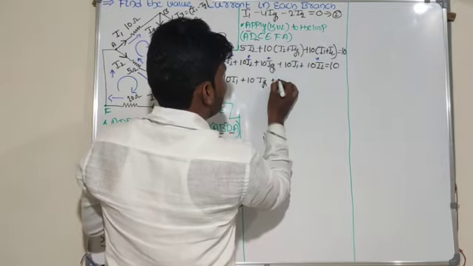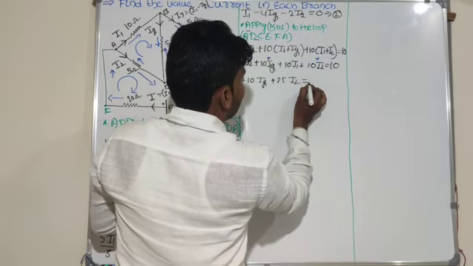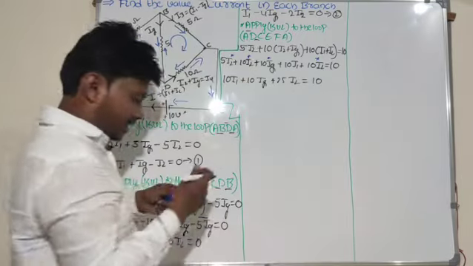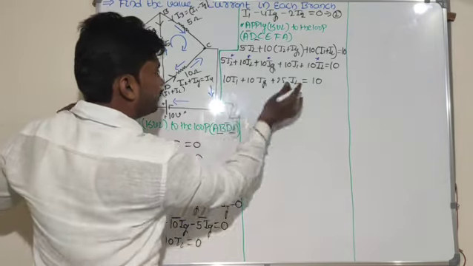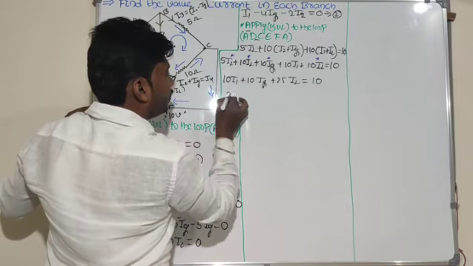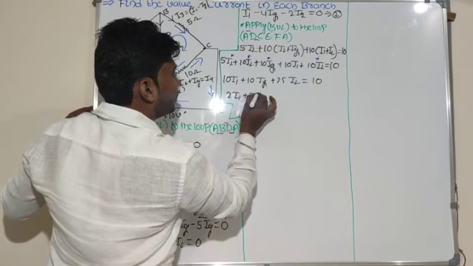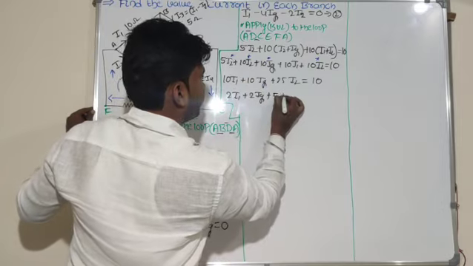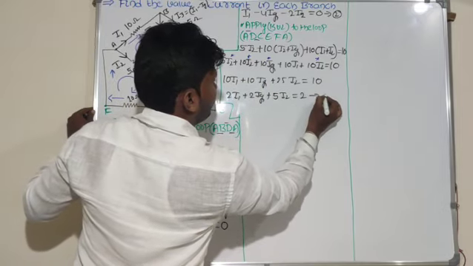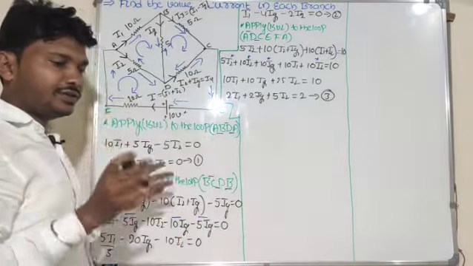So that is 25I2, it is equal to 10. Again for my simplification I will divide this equation by 5. So then 2I1 plus 2IG plus 5I2, it is equal to 2. This I will name as equation 3.